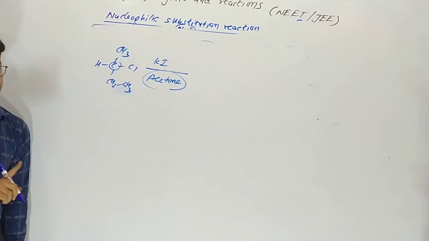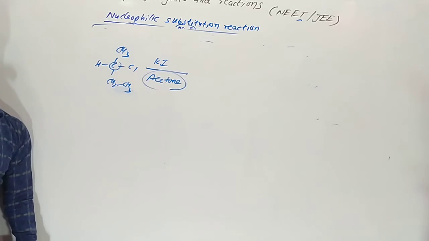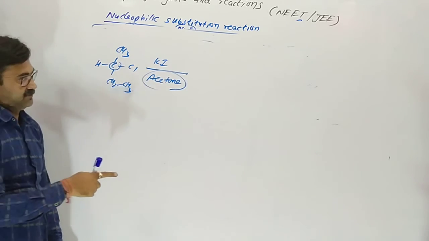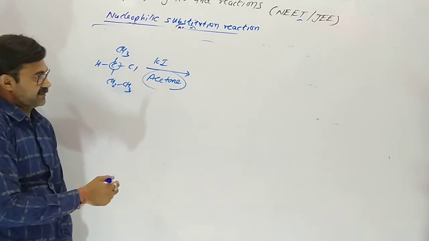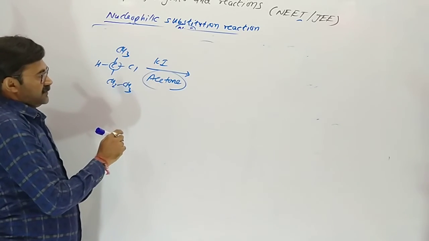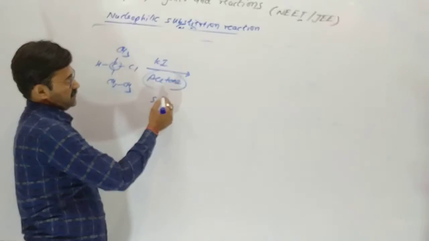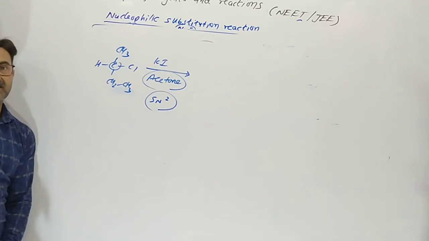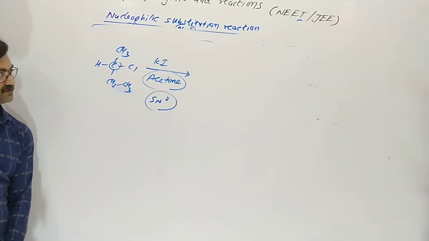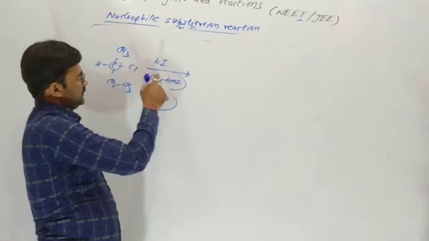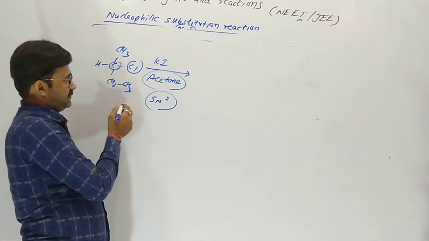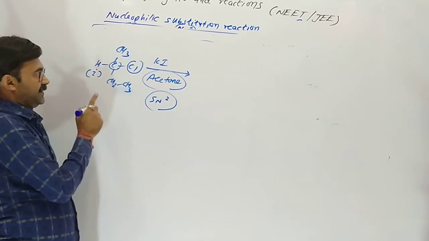Here the solvent is polar but aprotic. Not protic, but non-protic. No water. So here the reaction occurs by SN2, not SN1. This is a secondary carbocation.